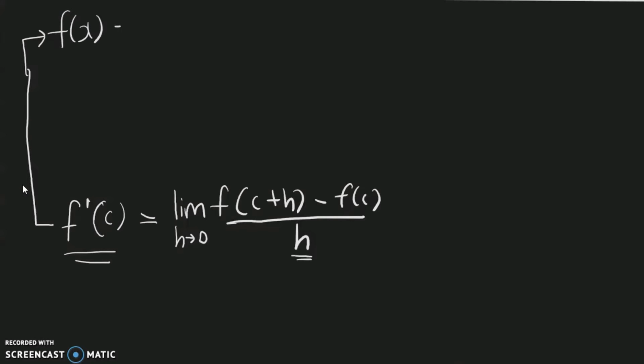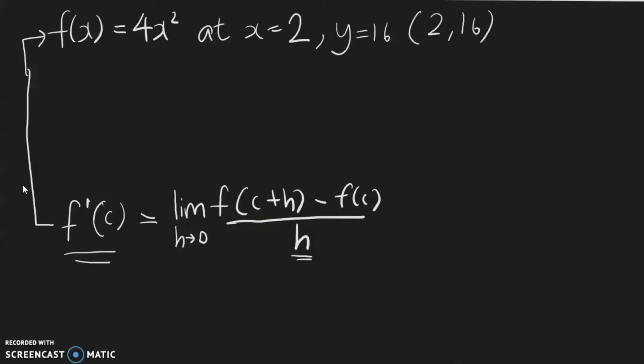It's a parabola, so I'm going to give it 4x squared. We want the derivative of the function at x equals, let's say, 2. At x equals 2, the point will obviously be y equals 16. So at the point (2, 16), we want to find the derivative of f(x) equals 4x squared. The first thing I want to do is write c as x, so c becomes 2.